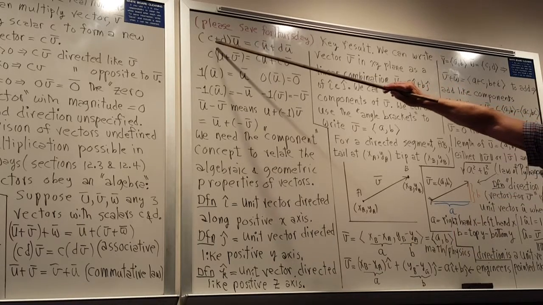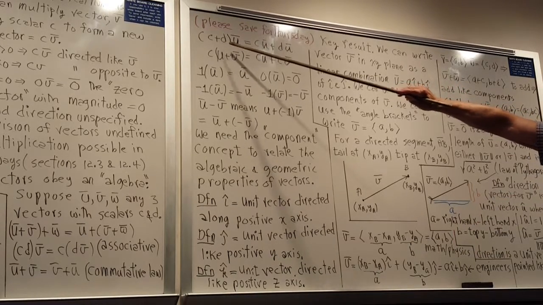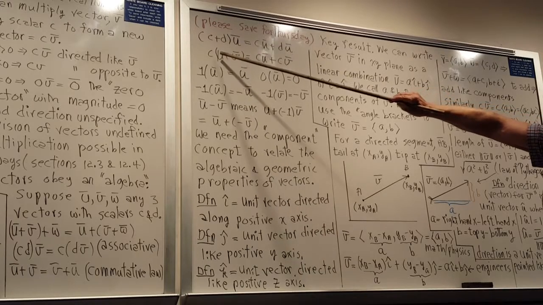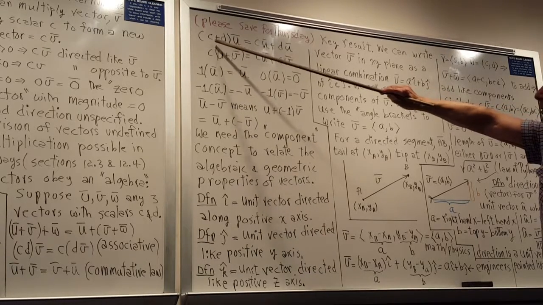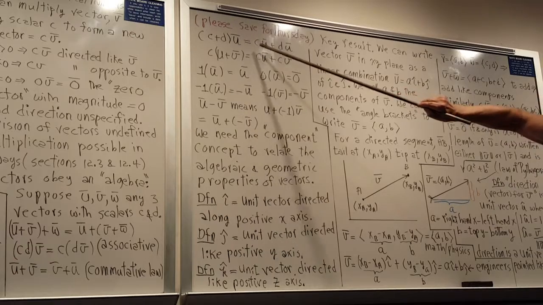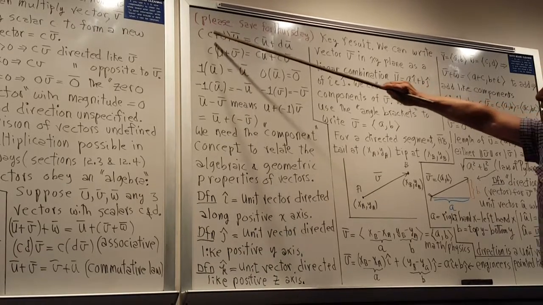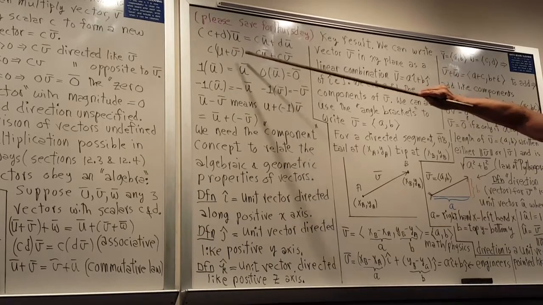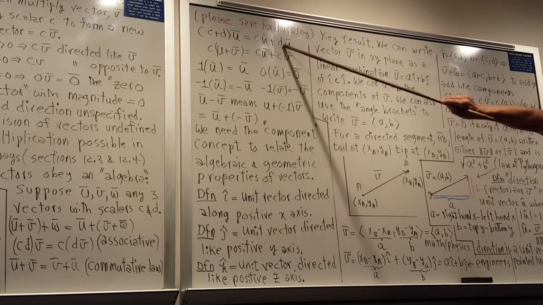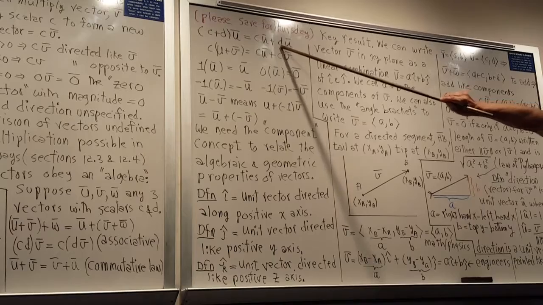Then you could add your 2 numbers first, and then take that times the vector u, or you could take one of the numbers times u and the other one times v, and then add those 2 vectors.